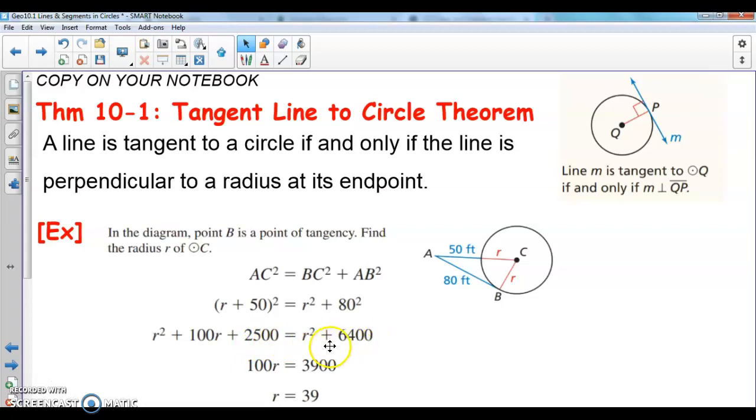By combining like terms, we can subtract r squared from both sides and we will be left with 100r plus 2500 is equal to 6400. We can subtract 2500 from both sides and we will get 100r is equal to 3900. Dividing both sides by 100, we will get r is equal to 39.